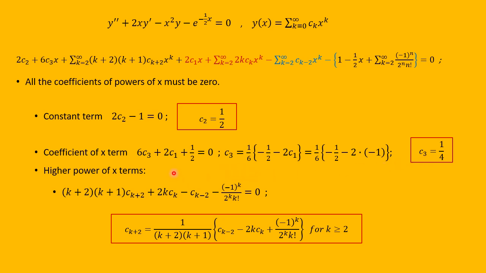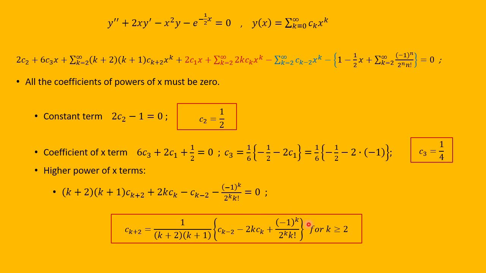Now the higher power terms, the coefficients of those higher powers looked like this. These had to equal 0. This was our recurrence relationship. If we solve this for c sub k plus 2, just do some simple algebra, we get c sub k plus 2 is 1 over k plus 2, k plus 1 times this stuff.